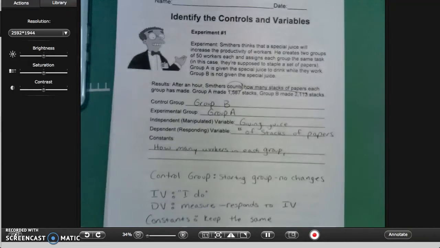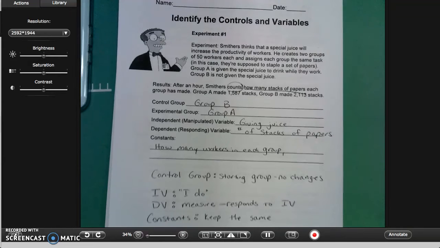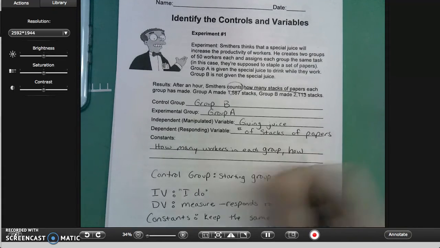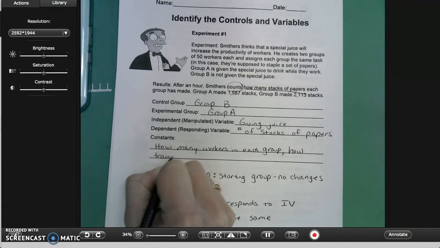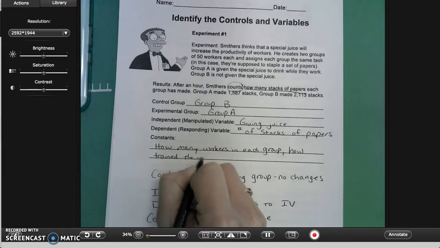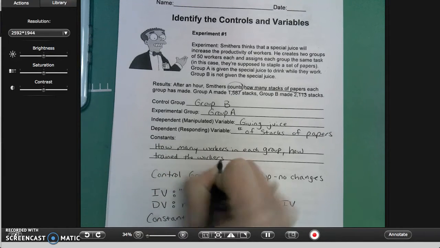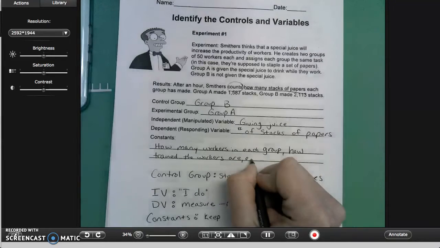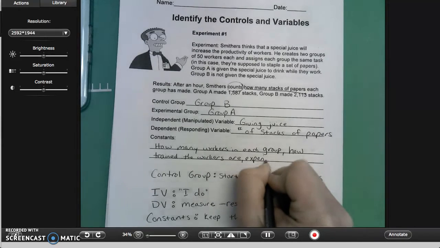Another constant that's not actually on here, but might be something that we want to keep the same, is how trained the workers are. Do the workers have the same abilities? So if we have ones that have been working for a very long time versus ones that haven't, that's kind of how trained they are, but maybe the experience level.